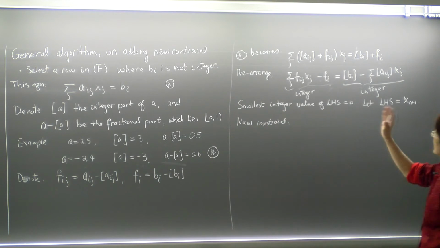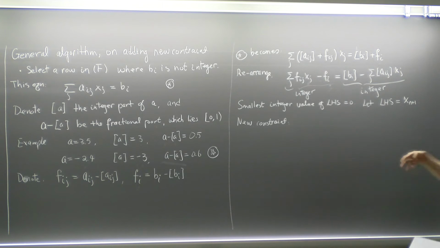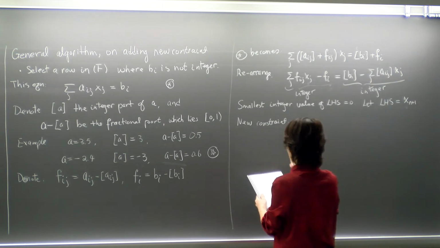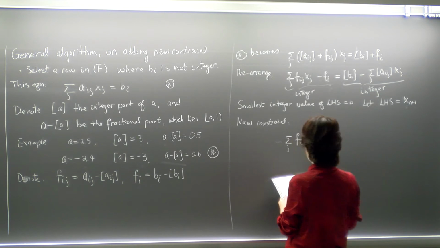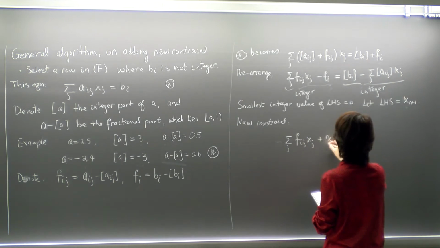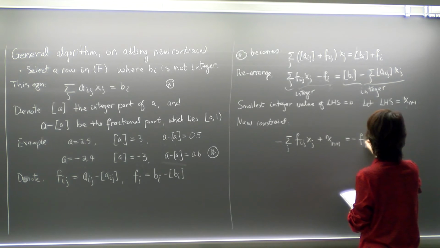It's basically the left-hand side equal to x n plus 1. I'm just going to rearrange terms. I will move the constant term to the right-hand side, so this will be ready to go into the tableau. I also want x n plus 1 to serve as a basic variable, so I want the coefficient to be 1 right there. So if you rearrange the terms a bit, I have the following: negative summation over j of Fij xj plus x n plus 1 equals negative fractional part from the right-hand side.